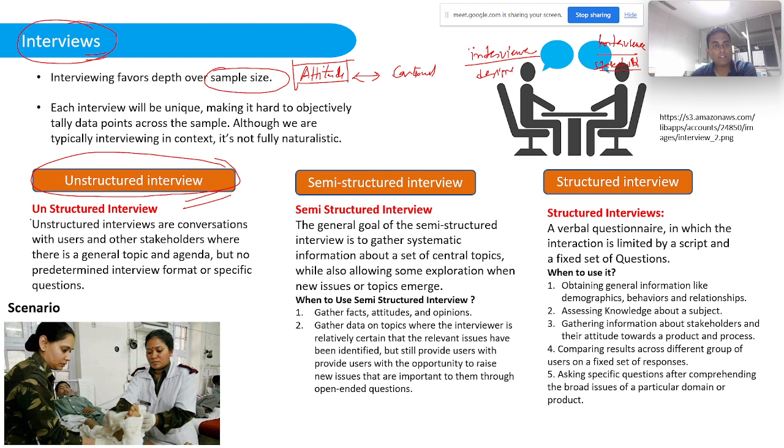These interviews are called unstructured interviews. Those are useful when you try to get general information on a particular topic.